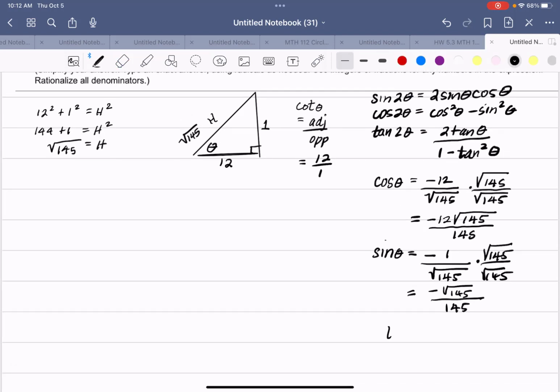And now the tangent of theta. Well, the tangent of theta can be done by putting sine over cosine, but since we already know the cotangent is 12 over 1, our tangent is 1 over 12.